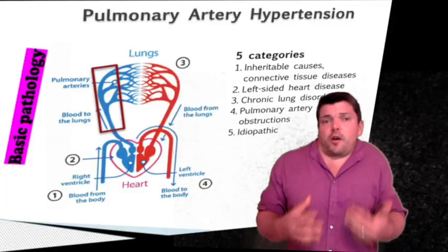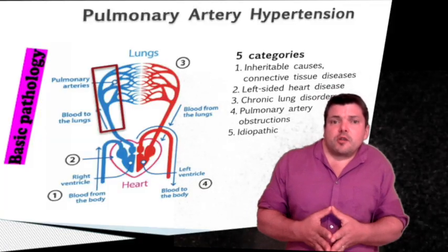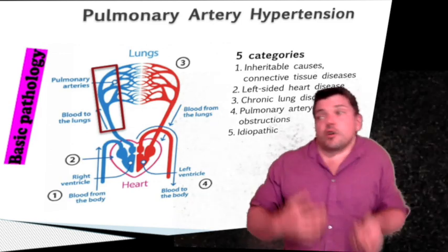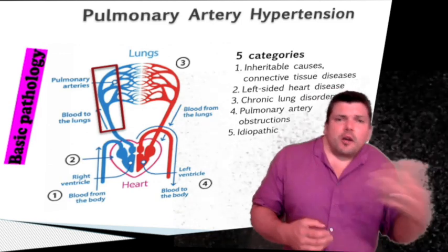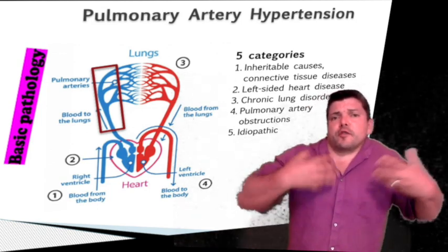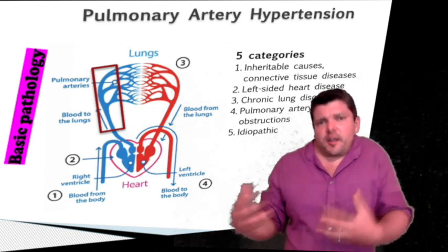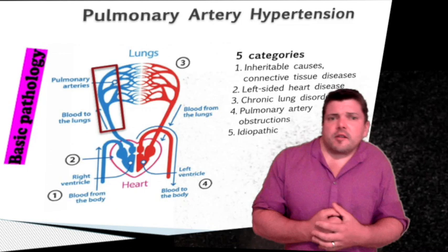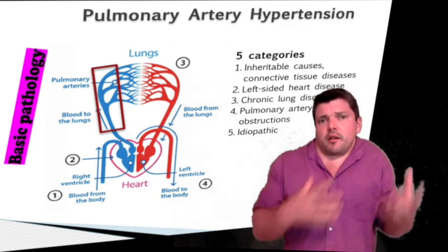This concept of thinking about blood congesting backward is one that we will revisit quite a few times in cardiology. A third cause of pulmonary artery hypertension are chronic lung disorders. For example, asthma, chronic bronchitis, emphysema. These disorders over time and the inflammatory changes that result can result in pulmonary artery hypertension.